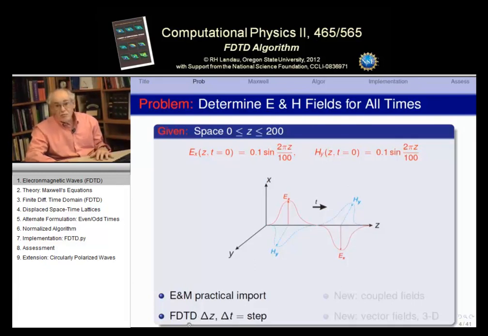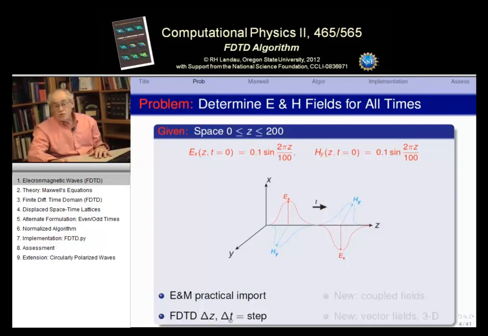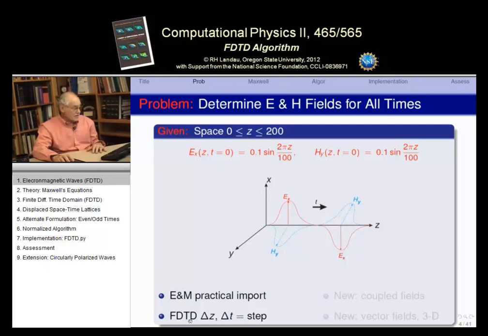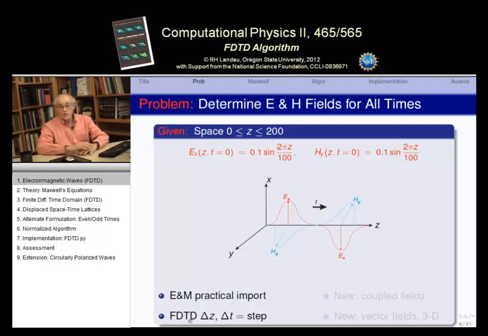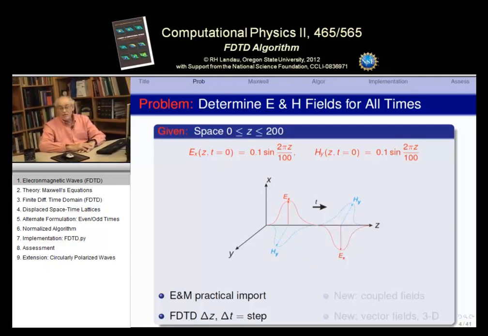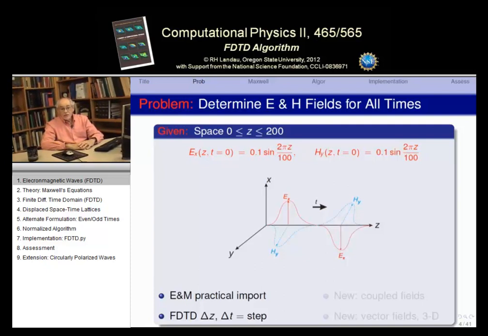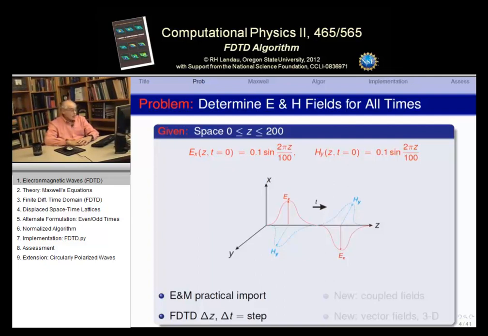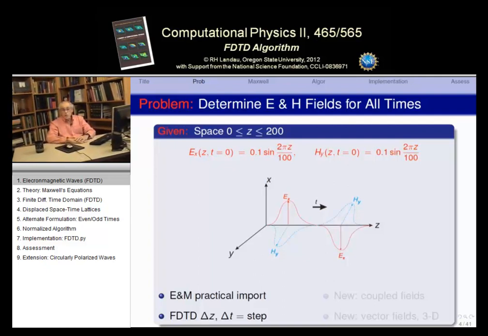But we're not just doing space, so it's also the time domain. So that's where the name comes from, finite difference, also including the time domain. No big thing. The wave equations we solved all had space and time together. Okay, so that part is all old hat to you. Read the wave equations before you continue if you haven't already.